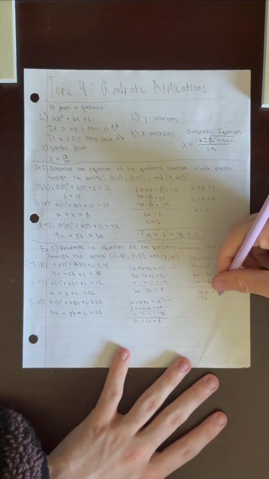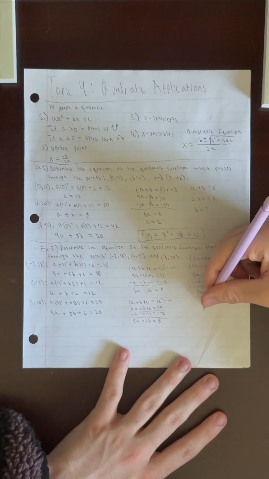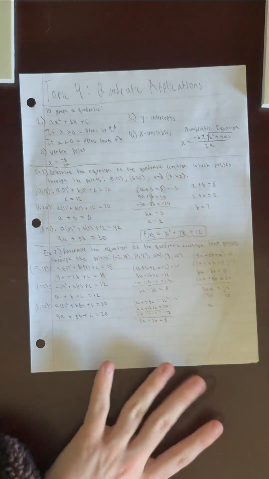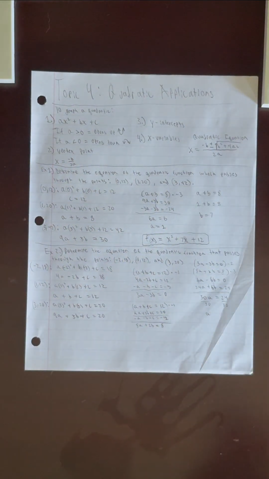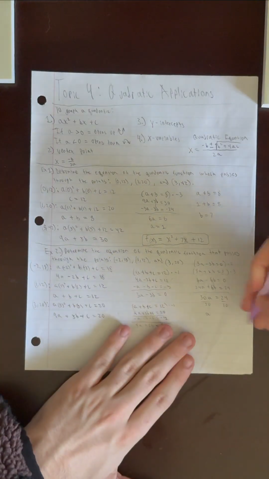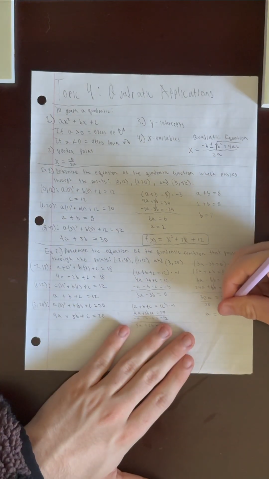Divide by 30, and then simplify. It gives us 6/5. So a is equal to 6/5.